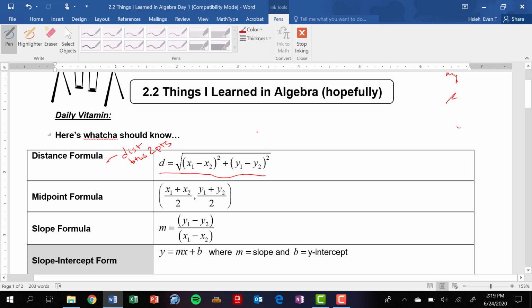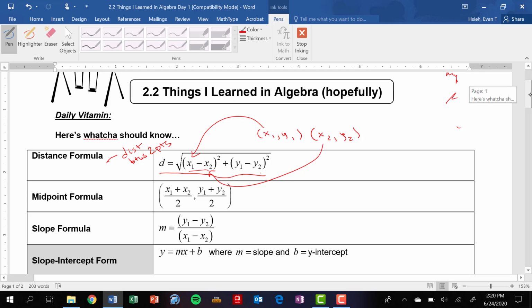Basically, if you have 2 points, let's say x sub 1 comma y sub 1 and x sub 2 y sub 2, your x sub 1 is here and your x sub 2 is here, so you're basically looking at the difference between the x values, squaring it, and then adding it to the difference between the y values, squaring it, and then take the square root of that.